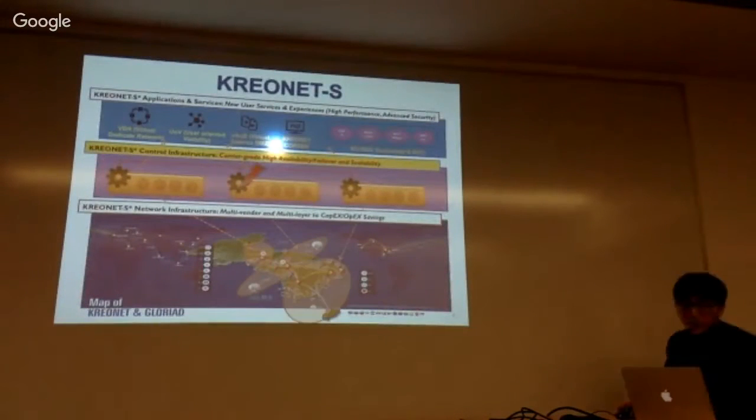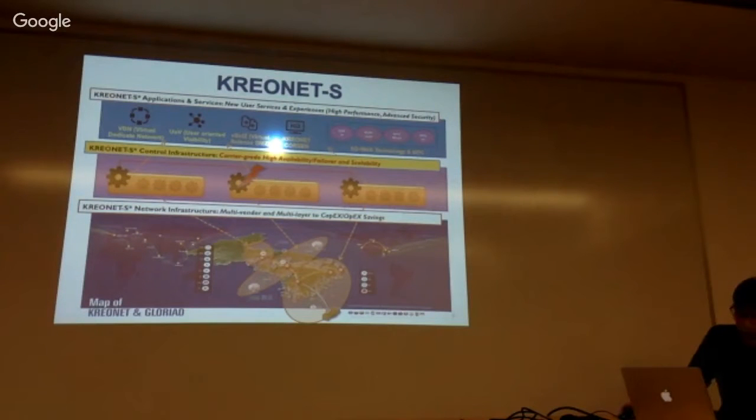Here is the general architecture of KREONET-S, which has 3 building blocks: data plane network infrastructure, ONOS-based control infrastructure, and KREONET-S SDN application and services. The data plane network of KREONET-S consists of hardware and software network devices for multi-vendor and multi-layer network deployment.